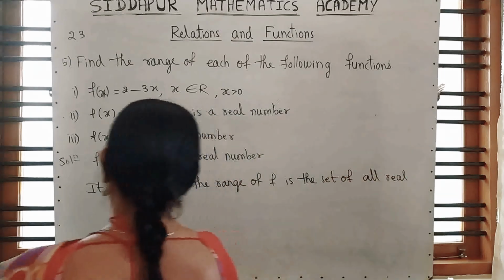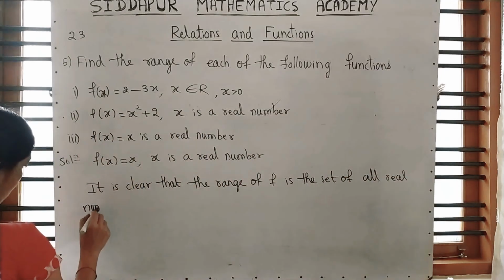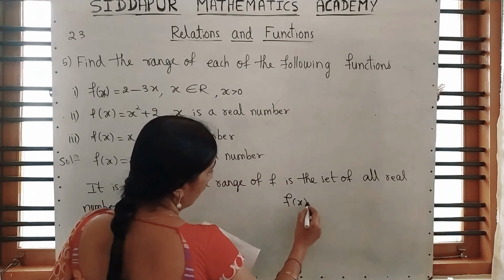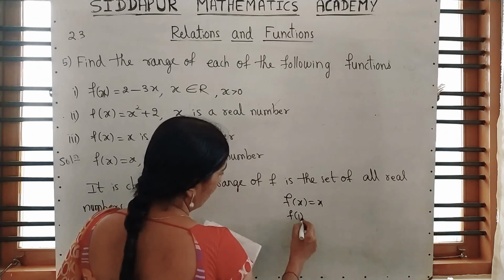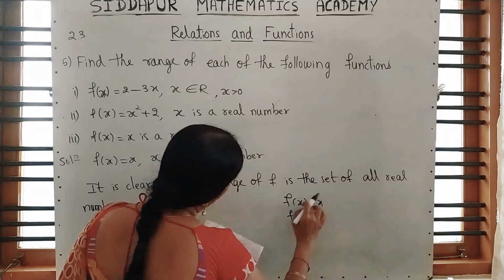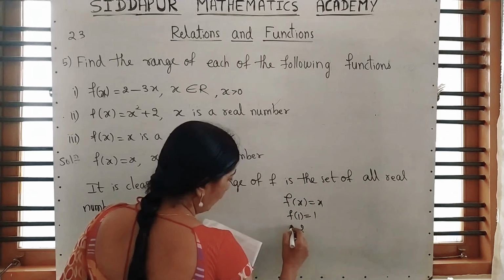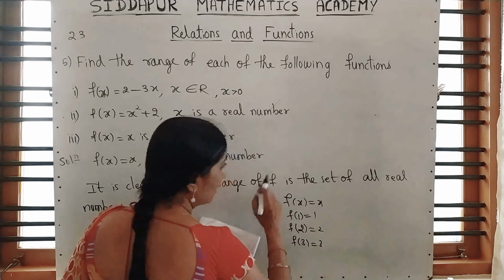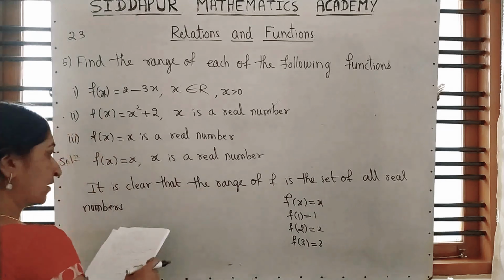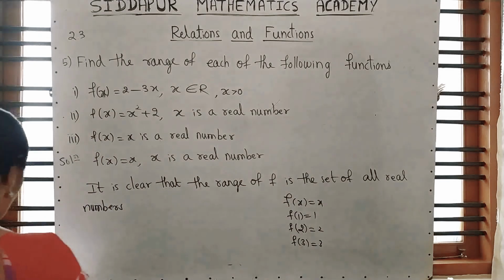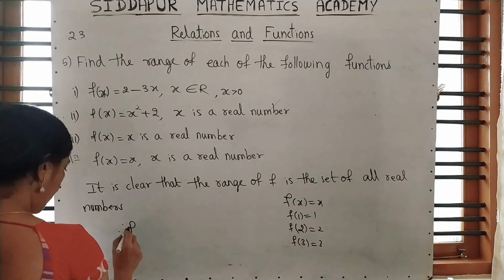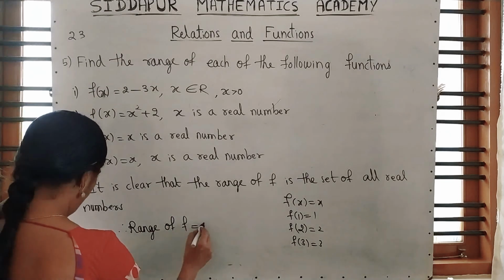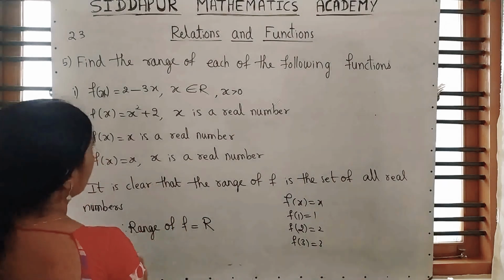I will explain why it is like this. f of x is equal to x means if you write f of 1, your answer will be 1. f of 2 is 2. Same number you will get. Therefore, whatever elements you write, you get the same answer. Therefore, the range is nothing but the set of real numbers. Therefore, range of f is equal to the set of real numbers.